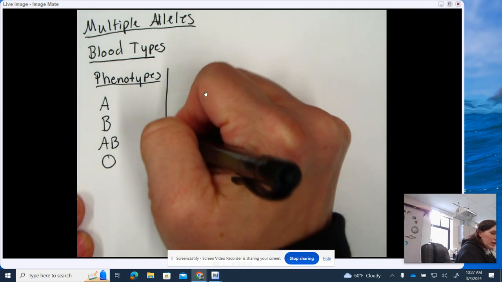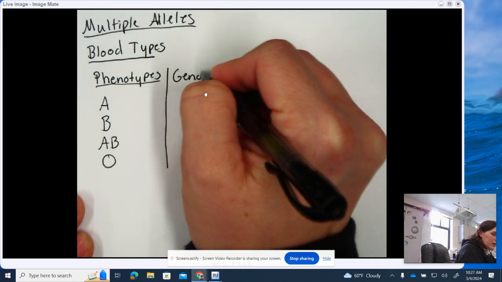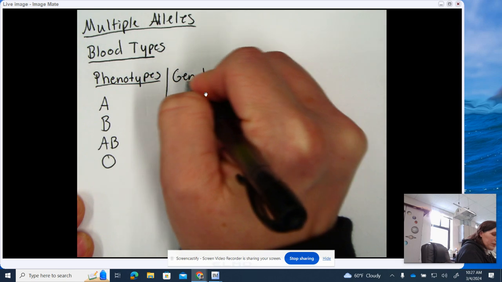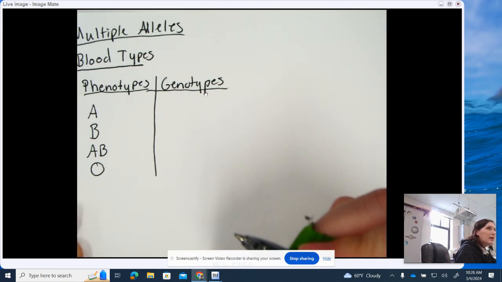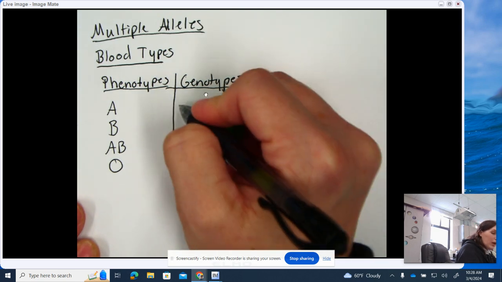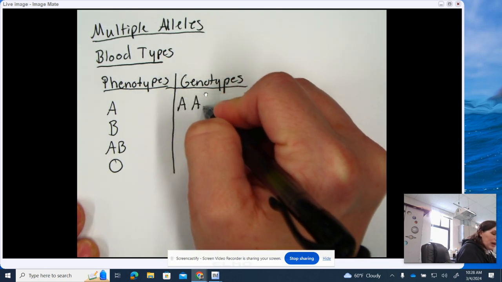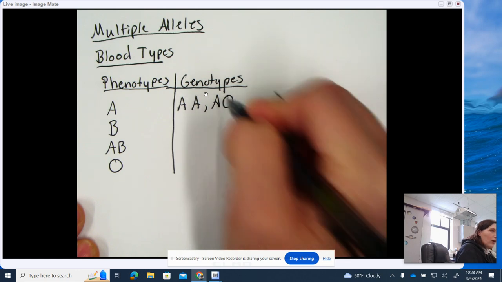All right, the genotypes are very different, okay? For genotypes, if you have type A blood, you can have AA or AO.